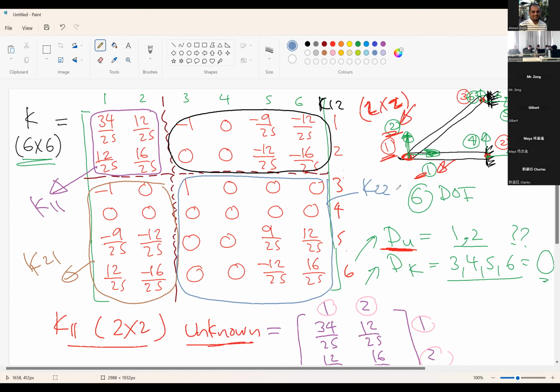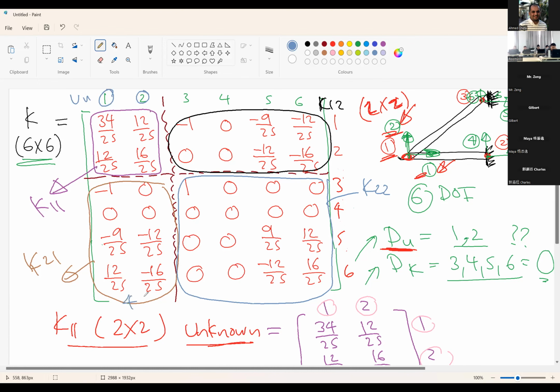Okay. So the main things we need to know are K11 and K21. K11 we can get from the degrees of freedom. We have the unknown degrees of freedom 1 and 2, so using them we can get K11. And K21 is the elements under this. So it will be K21.